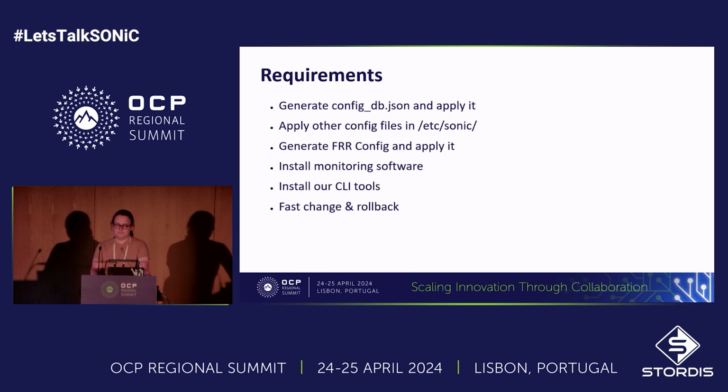And what do we need? We need 4 crucial things. The first one is to generate and apply config.db. Second is to generate and apply FRR config. Third is installing some custom software that we want, like monitoring, collecting logs, and our CLI tools.